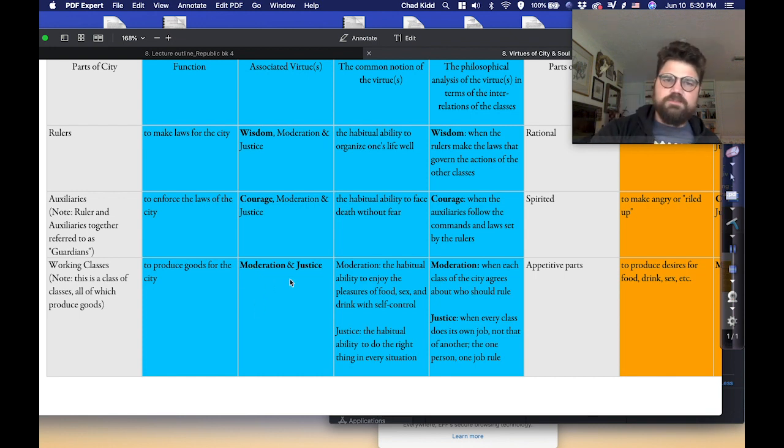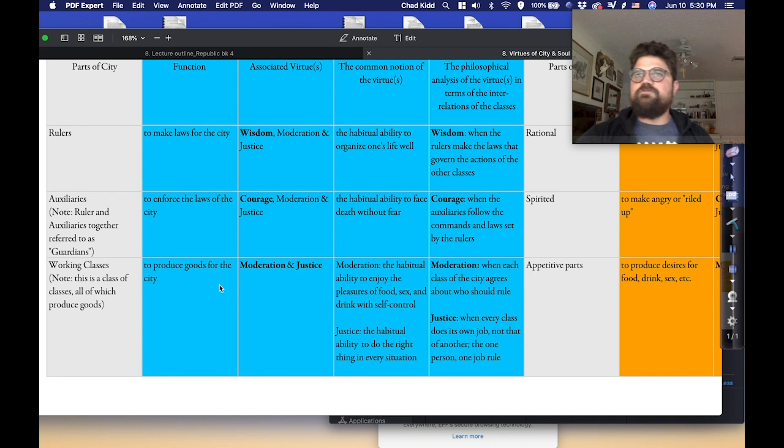He talks about this primarily in relation to the working classes, right? Since the working classes are more like common folk, who aren't quite as remarkable, let's say, as the rulers or the auxiliaries, the implication is that whatever the working classes have, the auxiliaries and rulers could also have, because they're sort of like superior human beings.